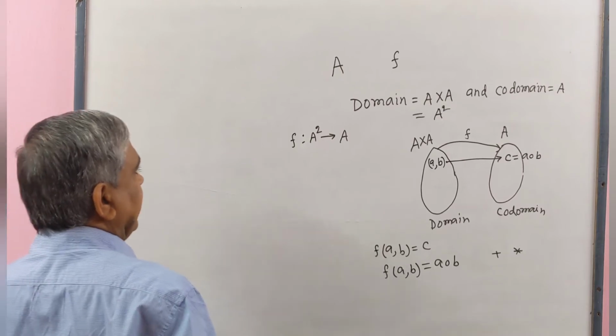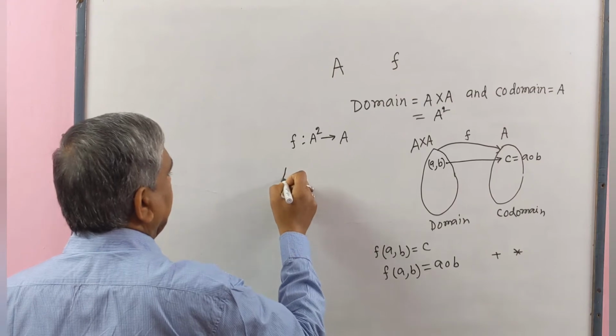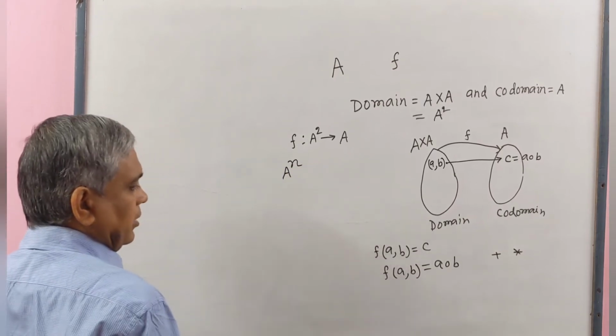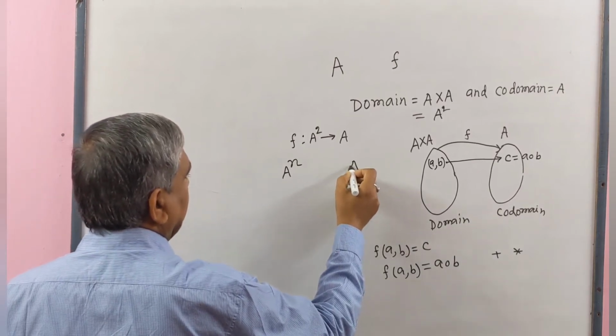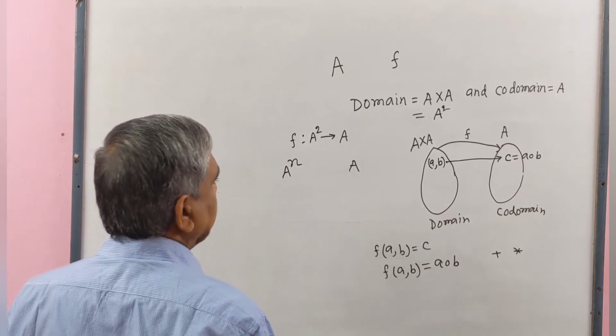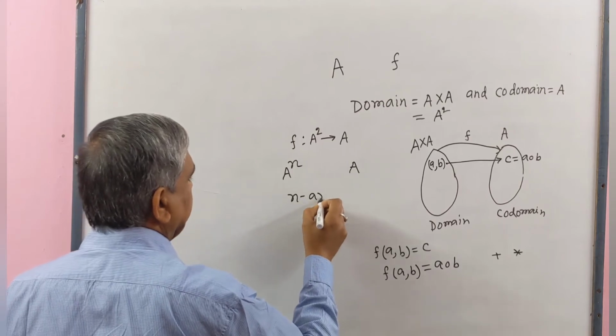If we extend the domain by taking A to the power n and codomain A, then the binary operation changes to n-ary operation.